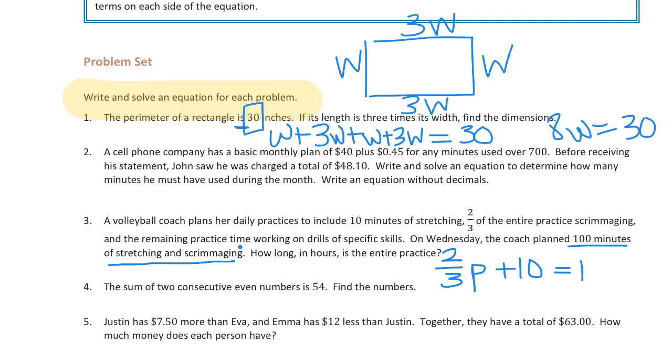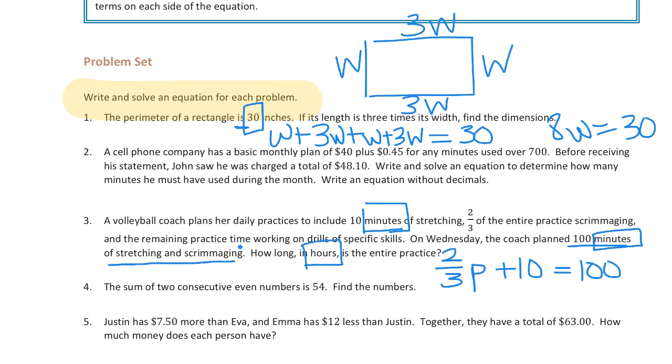So that is equal to 100. Okay? Now, at first glance, you think you're done. But this coach gave us that amount of time in minutes, and they want an answer in hours.